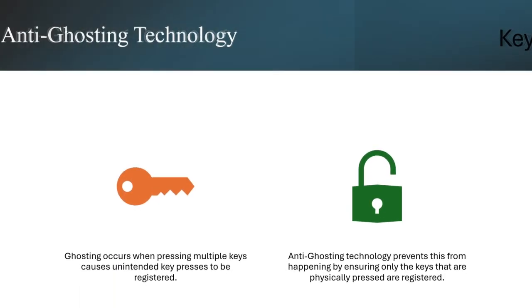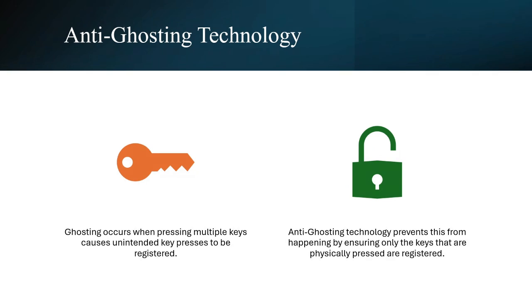On the next slide, we have anti-ghosting technology. Ghosting occurs when pressing multiple keys results in the keyboard registering additional unintended key presses. To prevent this, modern keyboards implement anti-ghosting measures, including enhanced circuit design. Each key circuit is isolated using diodes or similar components to prevent signal conflict.